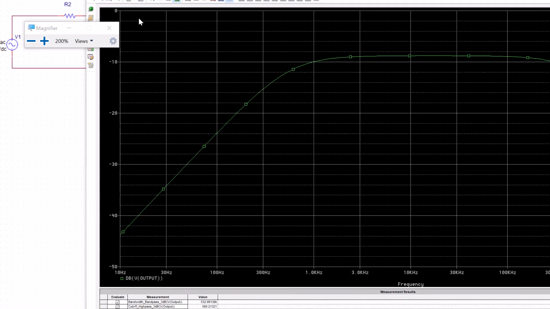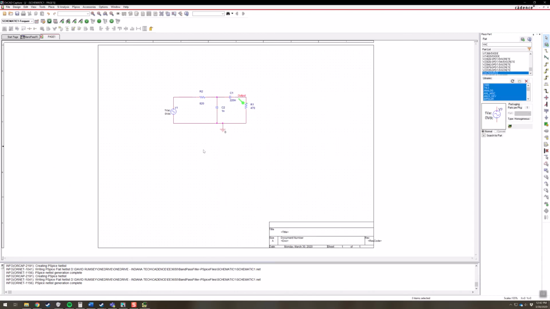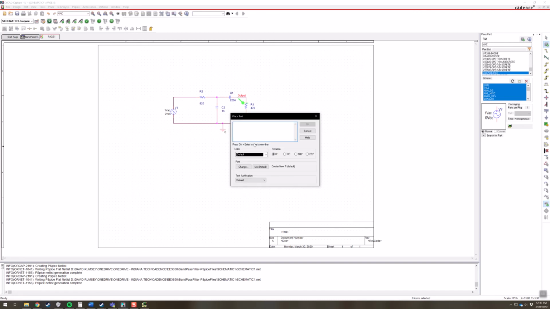What's happening, again, is this loading effect. Imagine the equivalent resistance here. Without going through all of the formulas, you wind up with R1 in parallel with R2 as far as the loading effect for the first stage.